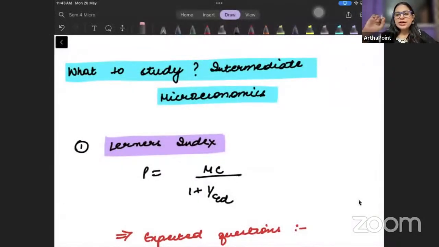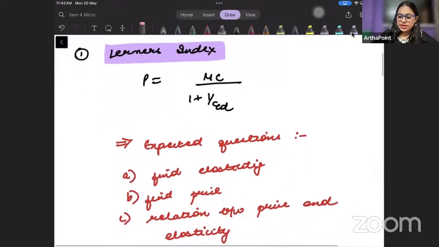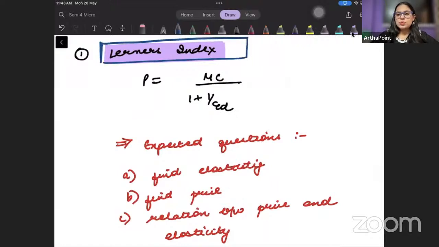So once you have revised chapter 10 and 11 from the portal, you will go ahead and do these important topics. ध्यान से सुनना बच्चे, what kind of questions will be asked. The first question is going to be from learners index. From learners index, they can ask you anything. कुछ भी पूछ सकते हैं. Like they can ask you to find the elasticity.